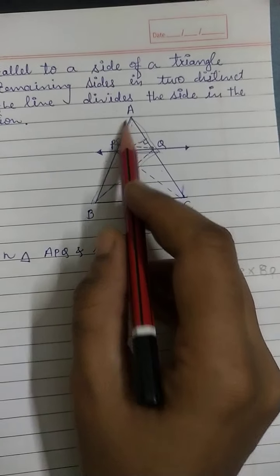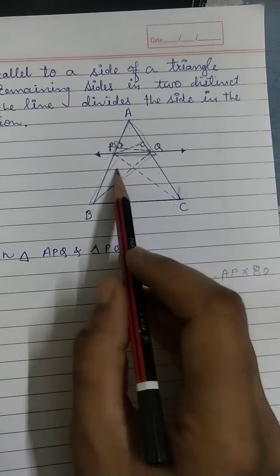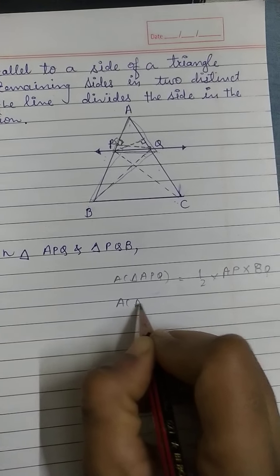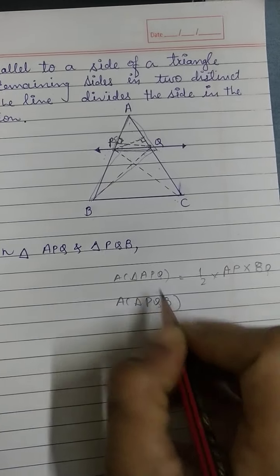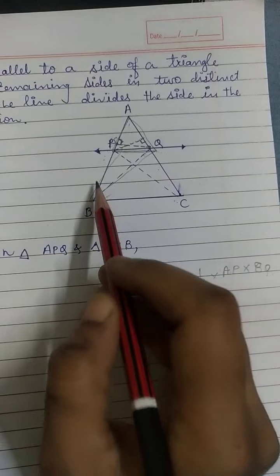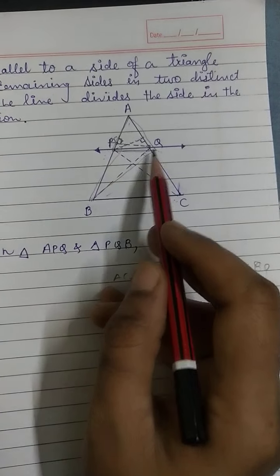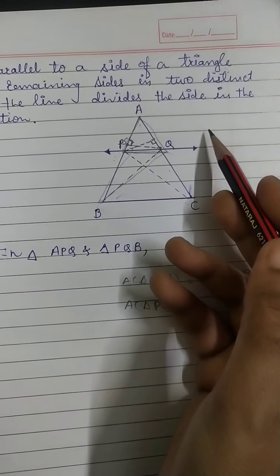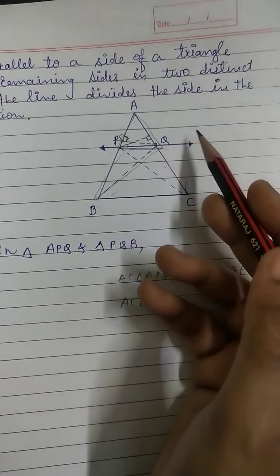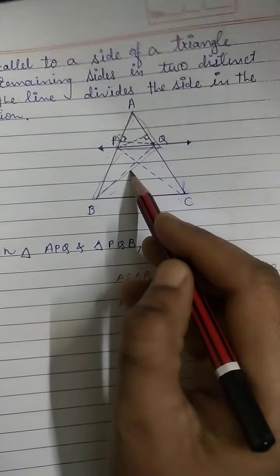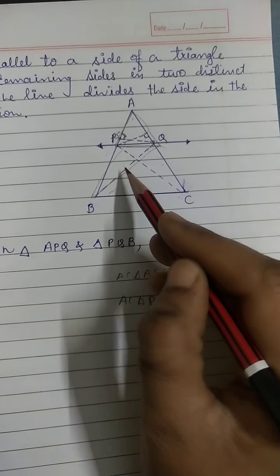This is an acute angle, APQ is an acute angle. Now if I want to write down the area of triangle PQB, now triangle PQB is obtuse angled, and the height of the obtuse angle is always outside of the obtuse angle. Why? Because we can't draw any perpendicular from any point on its opposite side.